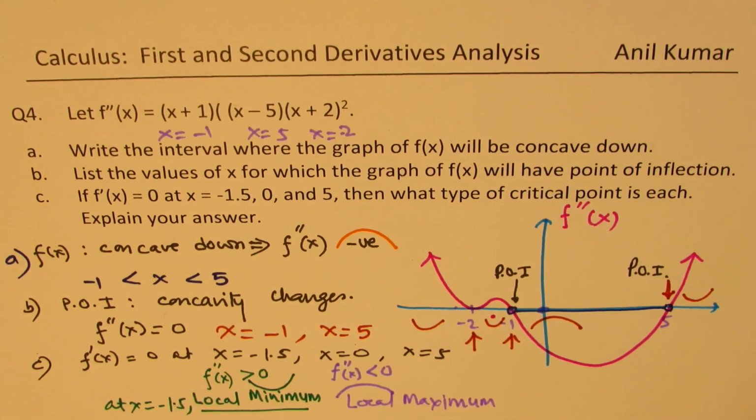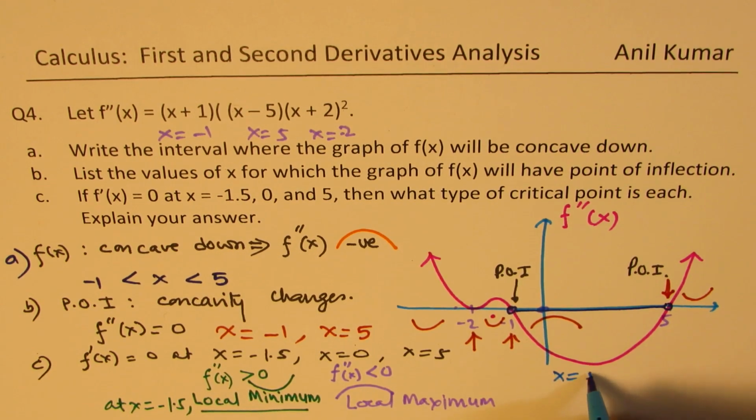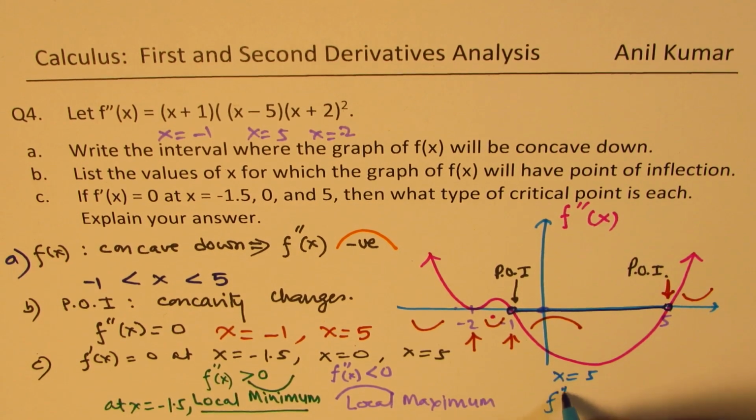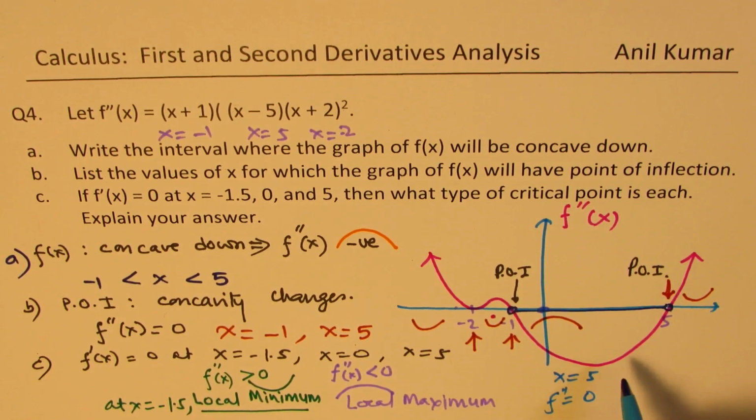The third point here is at x equals 5. So at x equals 5, what happens? At x equals 5, the second derivative is equal to 0, and therefore we cannot decide from this, right?